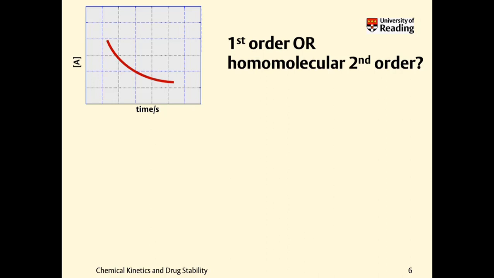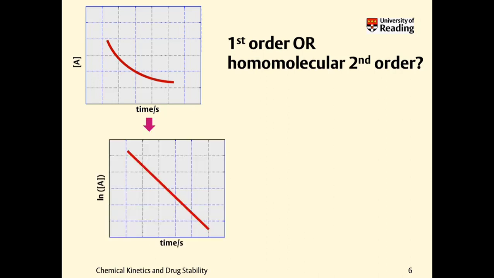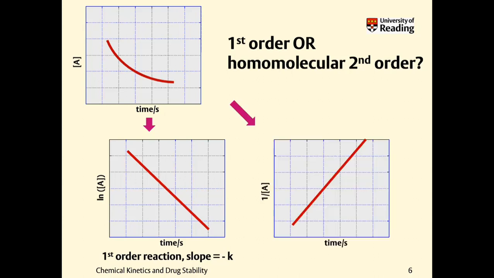Could plot the equation in the log form, a log of concentration over time. If it gives us a straight line, then it is first order. Or we can plot 1 over concentration against time, and if that gives us a straight line, then it is a second order reaction of the type of homomolecular second order.